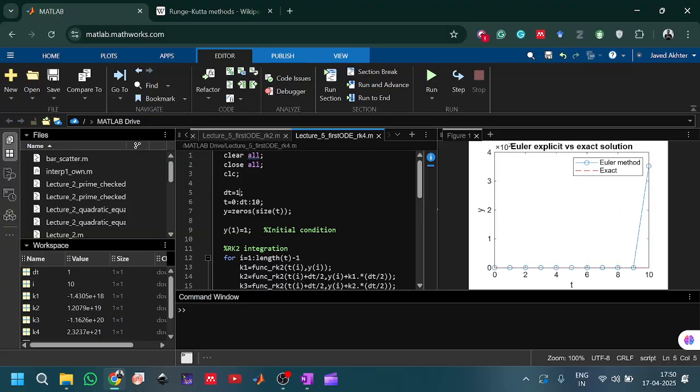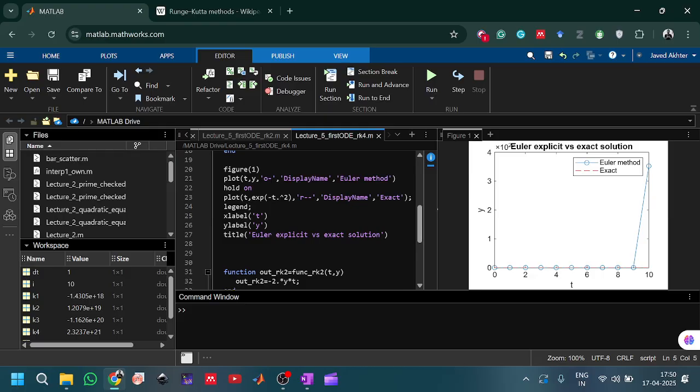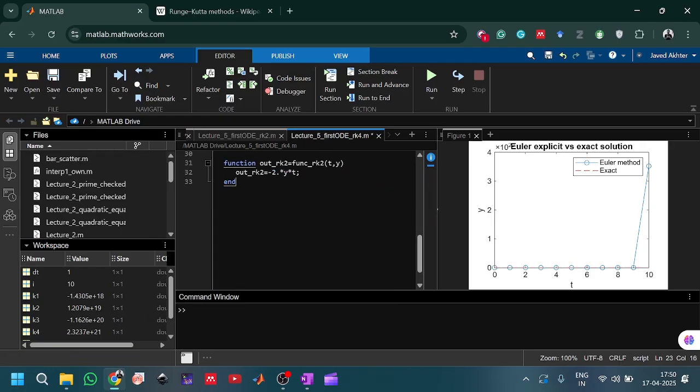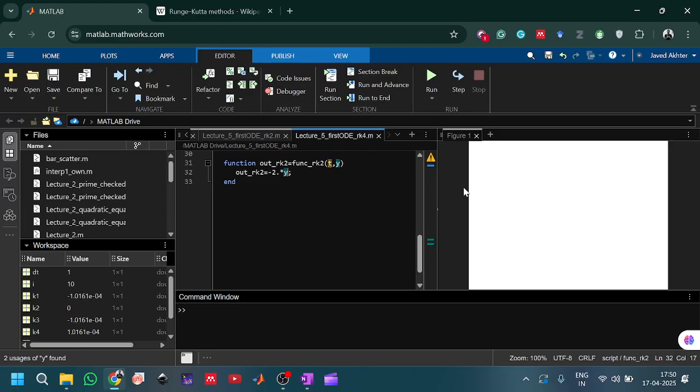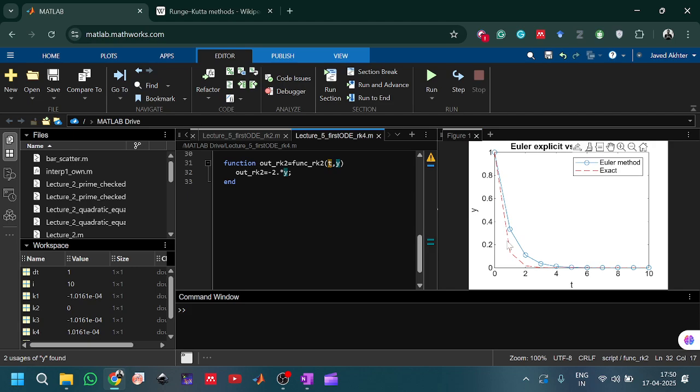Let me try with a different function, e to the power minus 2t, which we were initially checking, and let me run it. Okay, so yeah, you can see, this is the exact solution. So let me plot it up to 4.